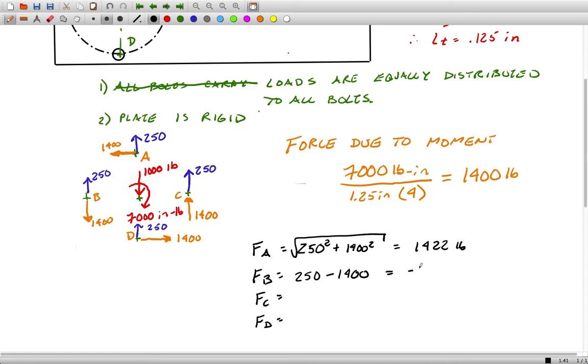So we'll leave the minus sign on it. At FC, it's actually the same calculation as FA because they're perpendicular once again. And then at FD, I've swapped some numbers here. That should be FD. This is FC.